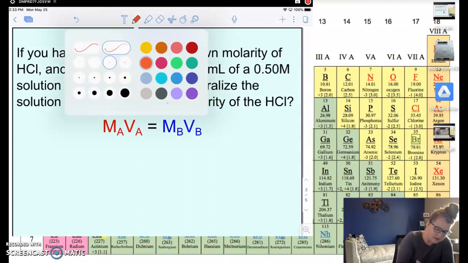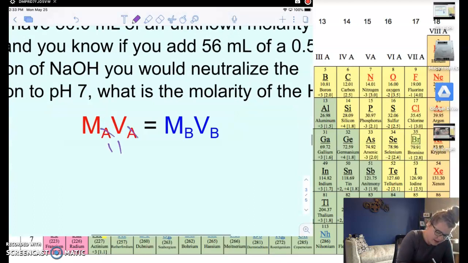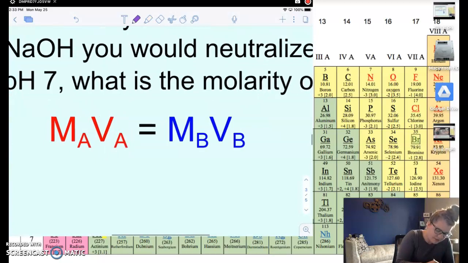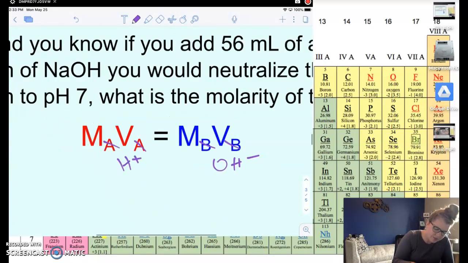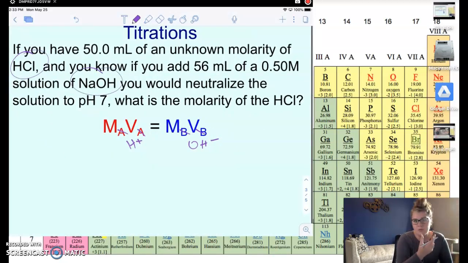So let's do some solving. Remember, this is technically the hydrogen plus concentration, right? And this is technically the hydroxide concentration. Because both of these are 1-to-1 ratios, notice 1H to 1OH, it's kind of the same thing, but it's just a good thing to keep track of.